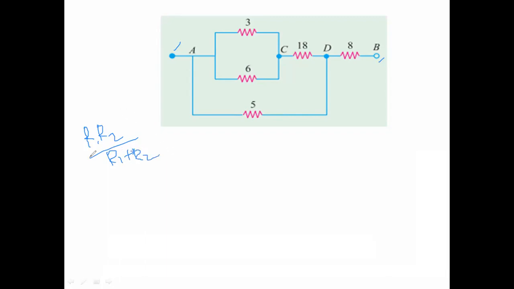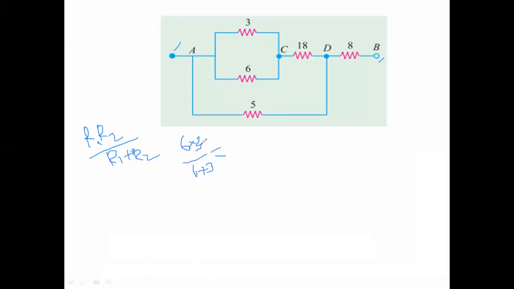Depending upon this formula, we can find this for 3 and 6. Here R1 is 3 and R2 is 6. Then 6 into 3 by 6 plus 3.